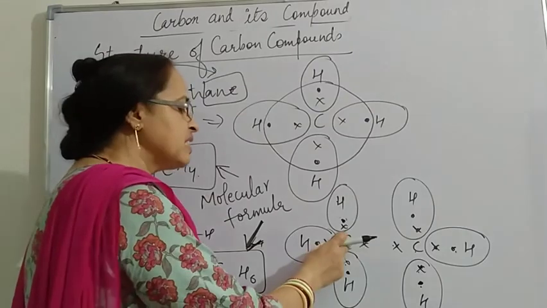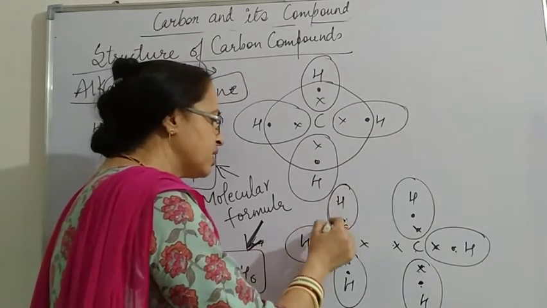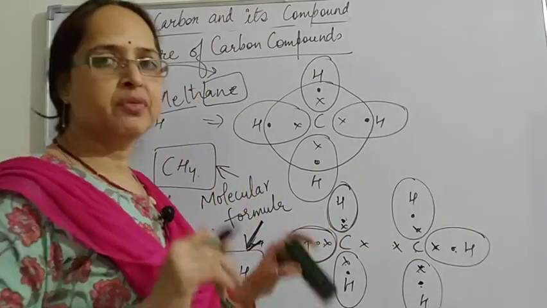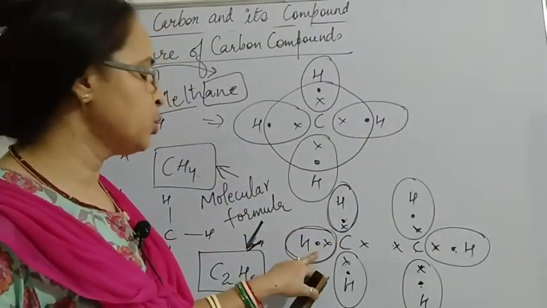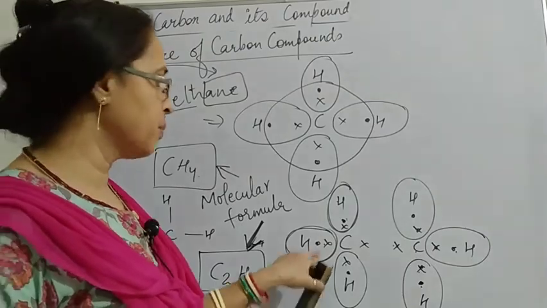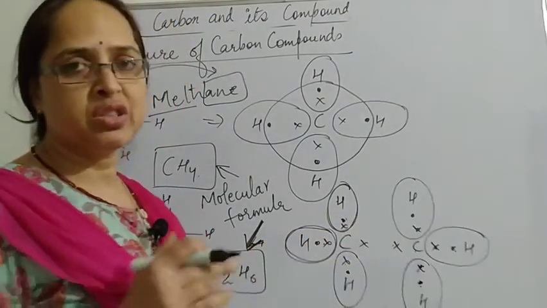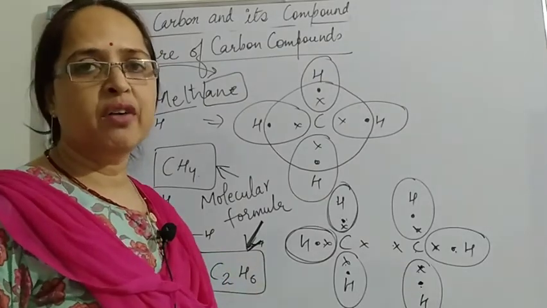Now here you can see that this hydrogen's valency, or first orbit, is completed. The 2 electrons in the outermost orbit are completed by sharing electrons with the carbon. And now we have to check the octet of carbon.